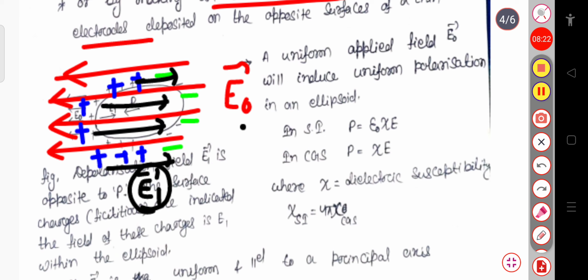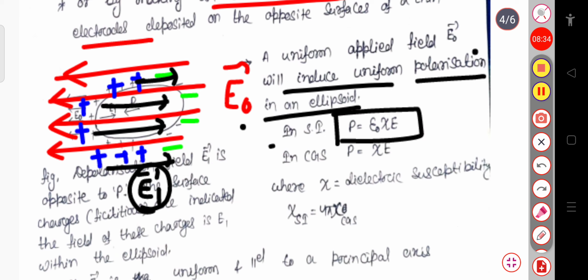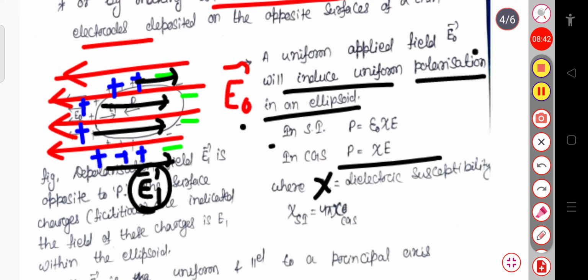So a uniform applied field E0 will induce uniform polarization in an ellipsoid. In SI system you can write P equal to epsilon chi E, and in CGS, P equal to simply chi into E. This symbol chi represents the dielectric susceptibility.